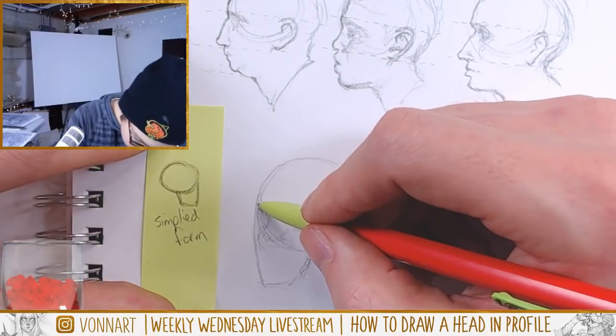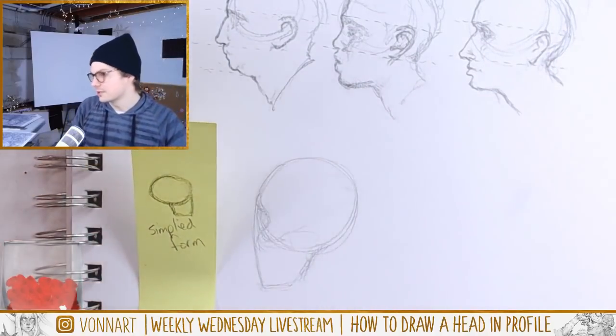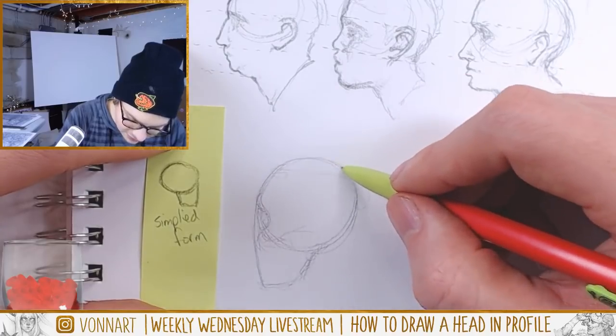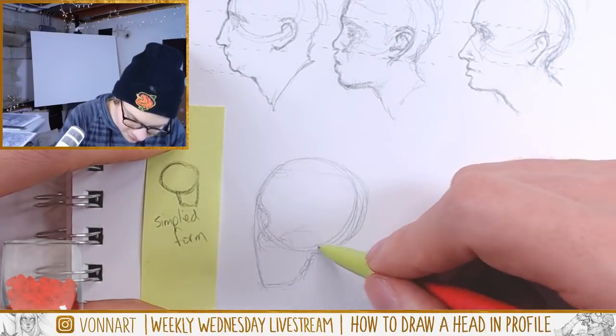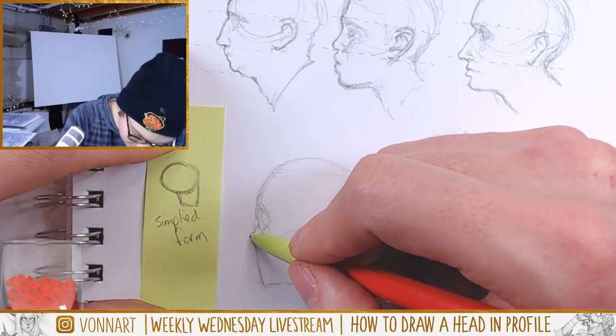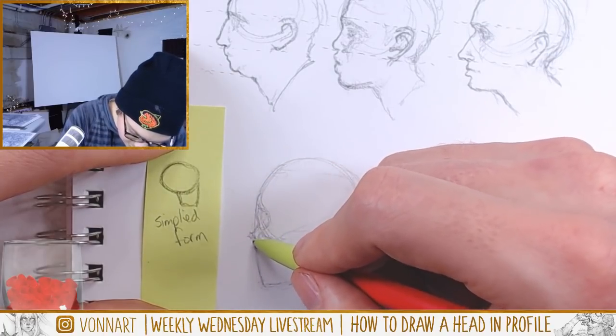And that's why, honestly, I really should have a skull on my desk, because I draw characters so often that I should just have that as reference at any time. So I'm going to do a very light skull drawing.